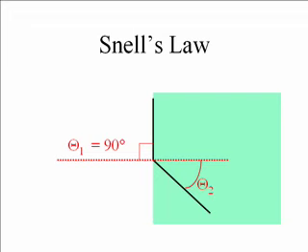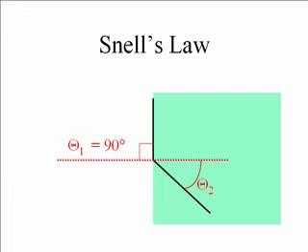We refer to this condition in which all of the rays of light are reflected and none exits the interface as total internal reflection. The largest angle at which any rays of light can exit the interface, and that's what's shown in this diagram here, is referred to as the critical angle. So in this diagram, we're going to refer to the theta on the right-hand side there as not theta sub 2, but theta sub critical.